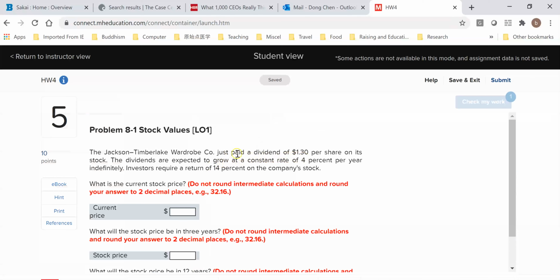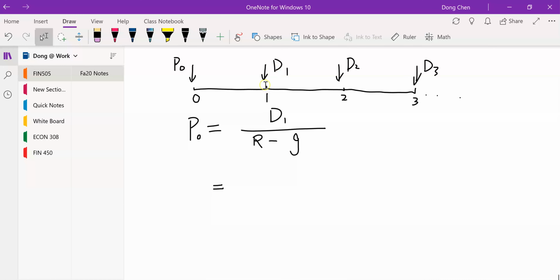Since this already happened, this cannot be D1, because D1 means it's something which will happen in the future, one period later. So $1.30 cannot be D1. It is actually D0, what's paid here. So D0 equals $1.30.